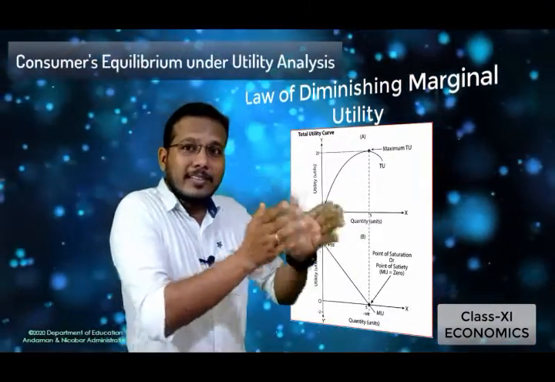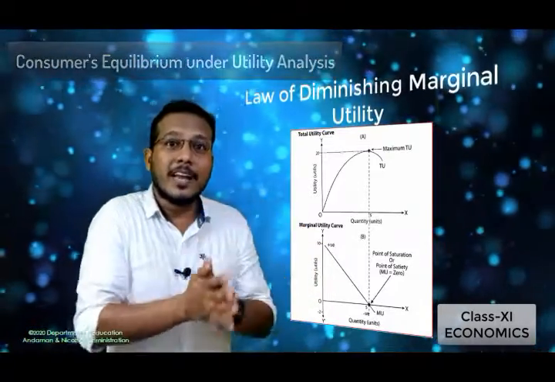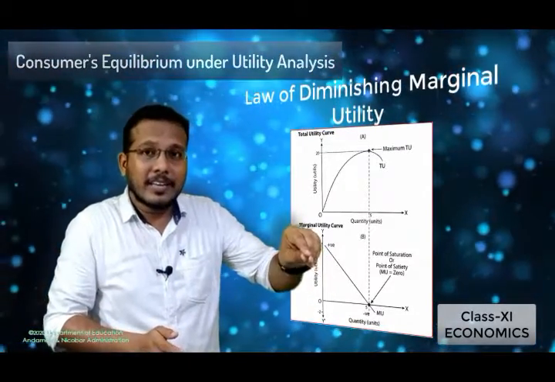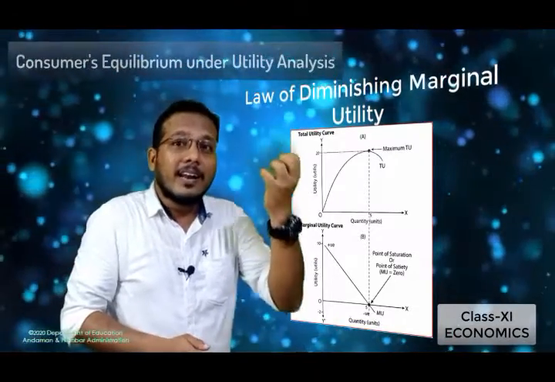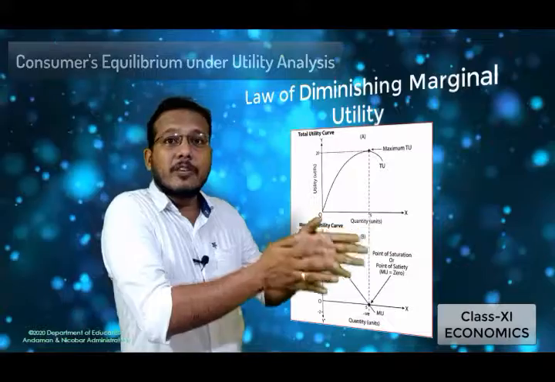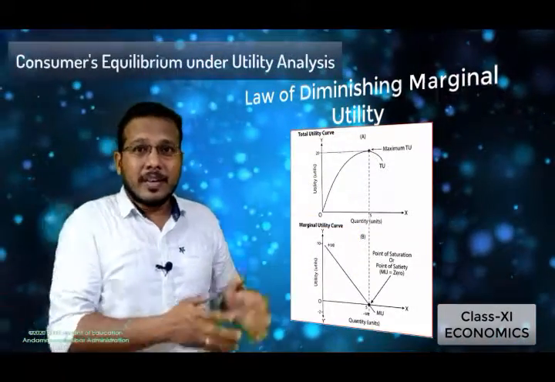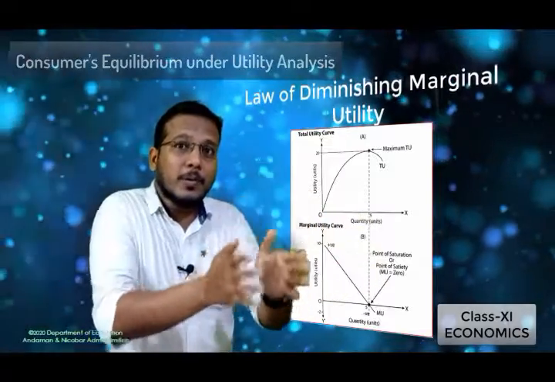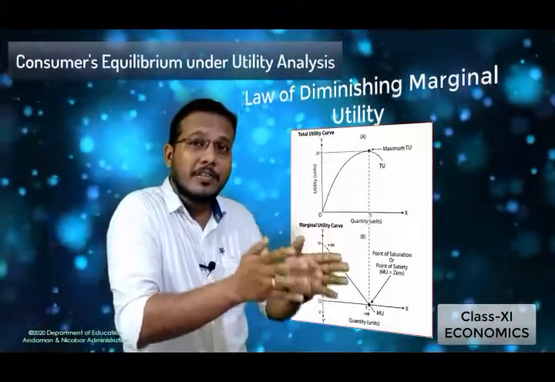When an additional unit of a commodity is utilized, it will give fewer utils than the previous unit. So the relation between TU and MU can be understood by this law.